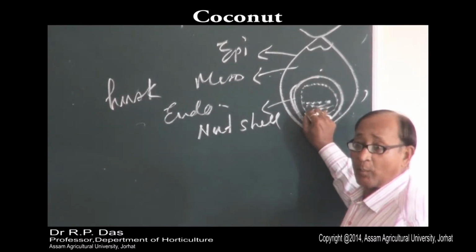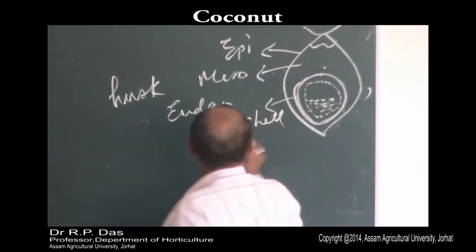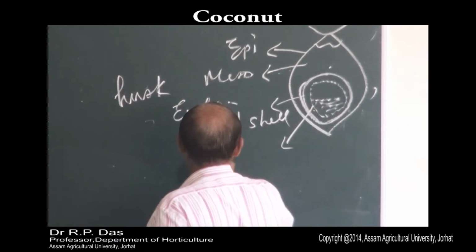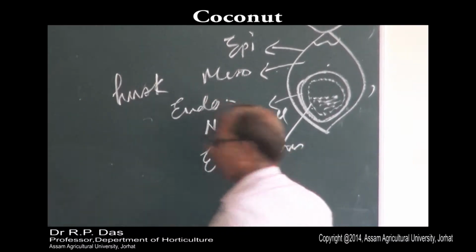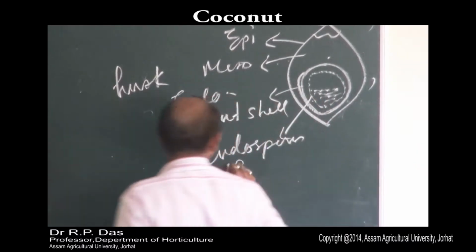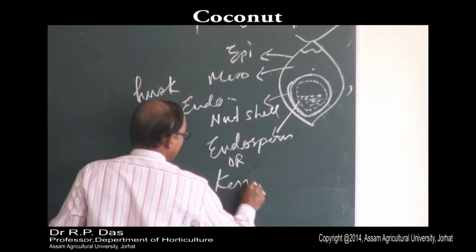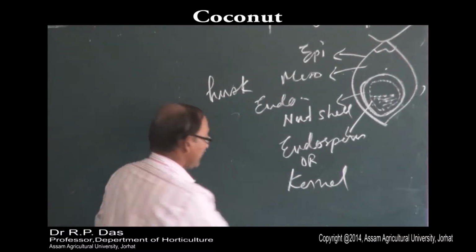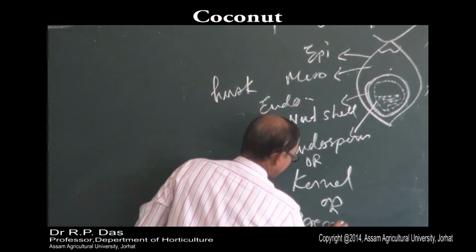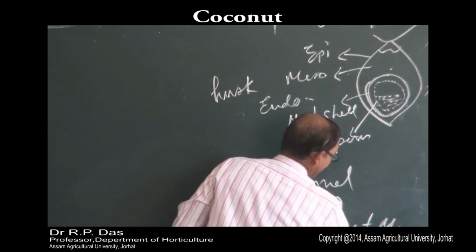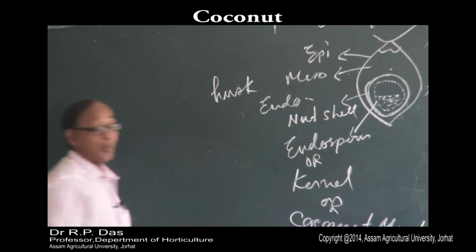Then the whitish portion is known as endosperm or kernel or coconut meat. Coconut meat.